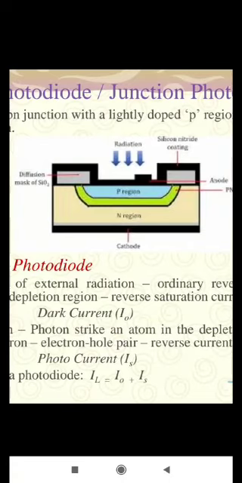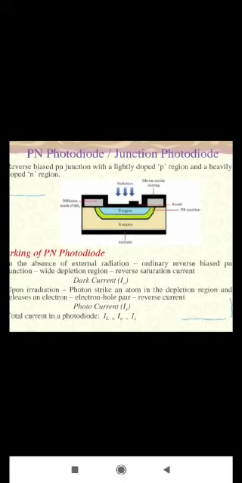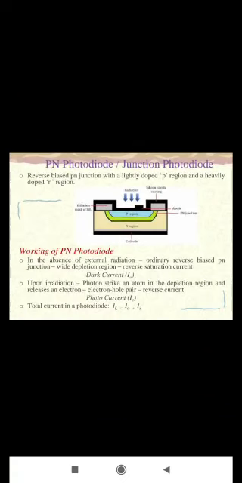And also a part of the front area is coated with an anti-reflection coating. Mostly it is made of silicon nitride to avoid the unwanted reflections, and the remaining portion is coated with a layer of silicon dioxide. This is about the device structure of a PN photodiode.